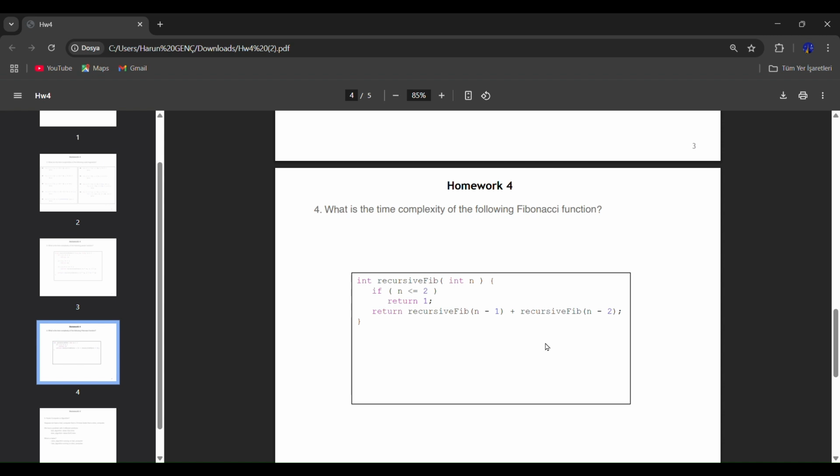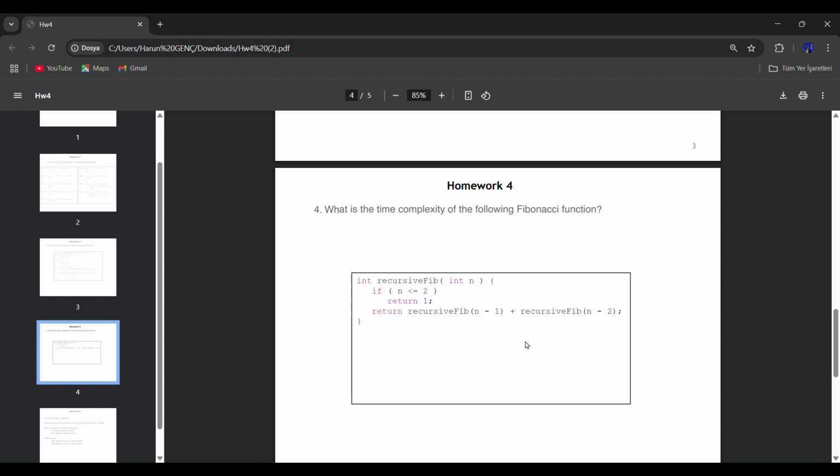The time complexity analysis: the recursive calls total number grows exponentially, and it can be made better with memoization, top-down dynamic programming, and avoiding repeated calculation.